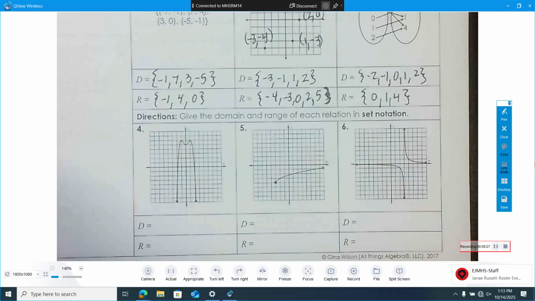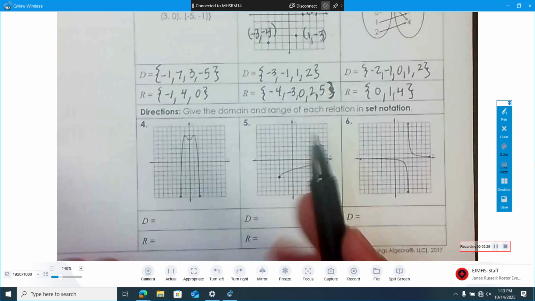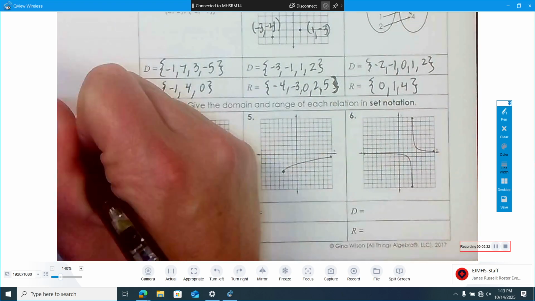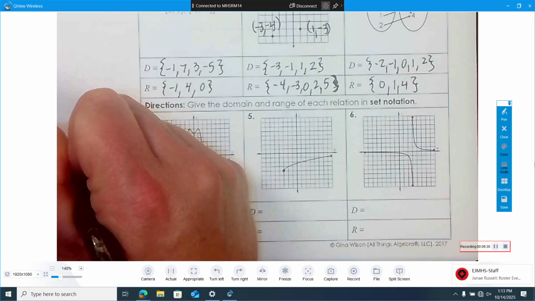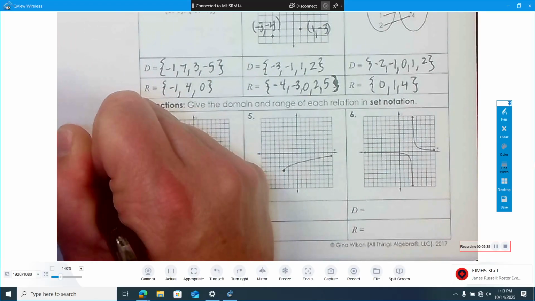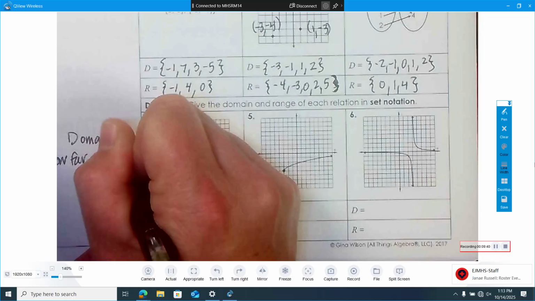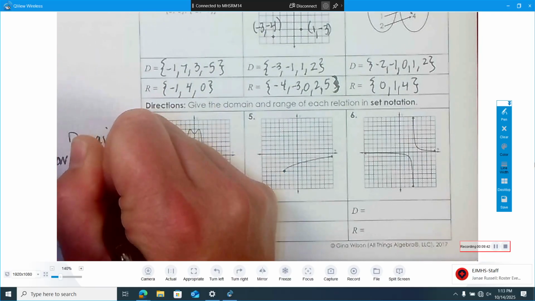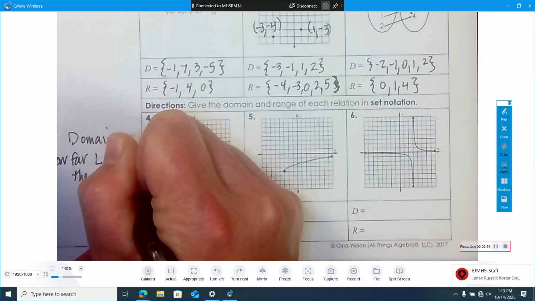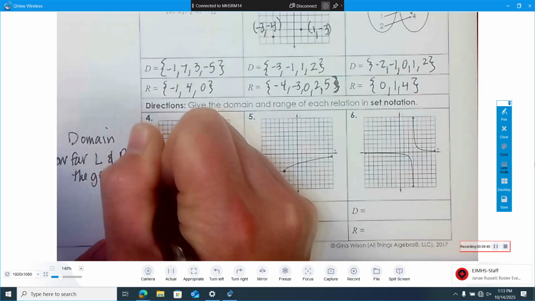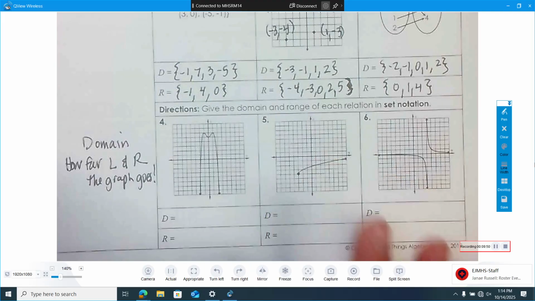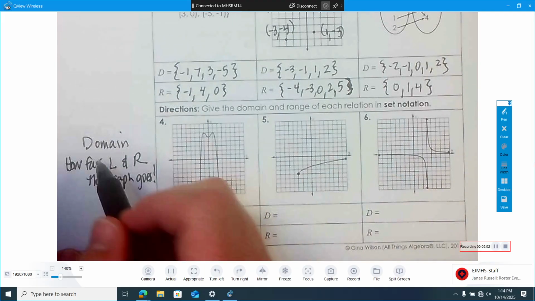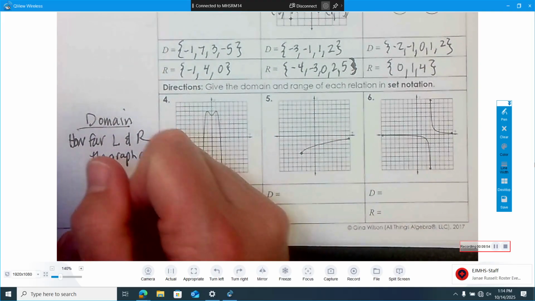So domain, when we're looking at graphs, domain is, write this down, how far left and right the graph goes. That is what domain is. How far to the left and how far to the right does the graph go? That's domain.